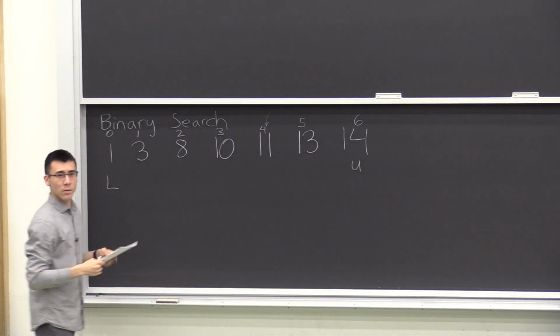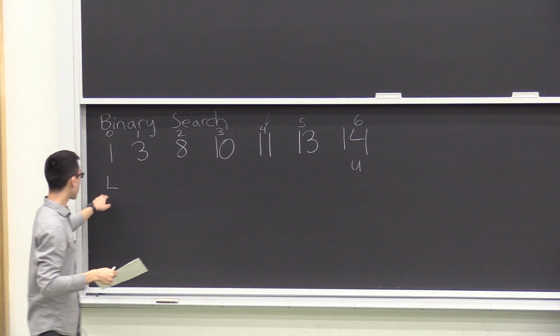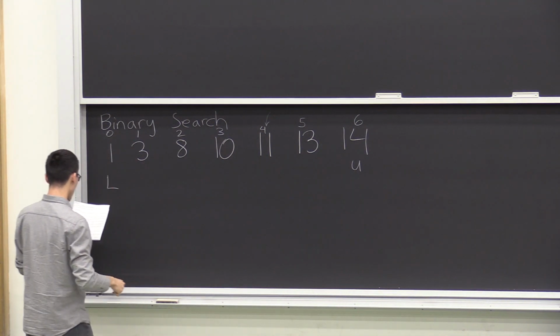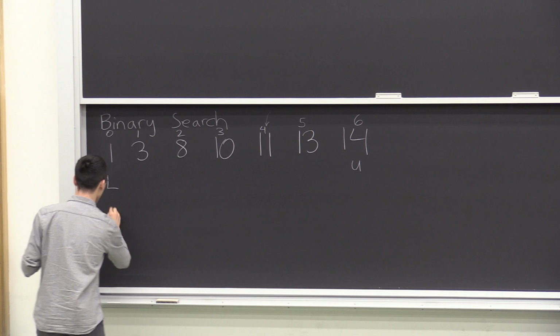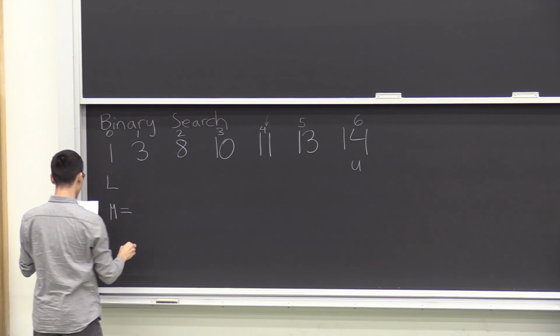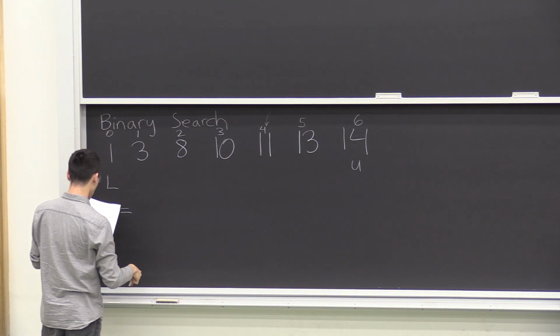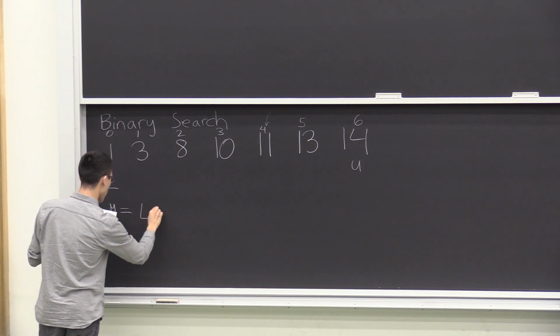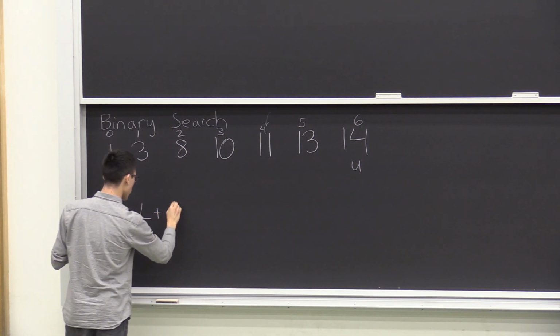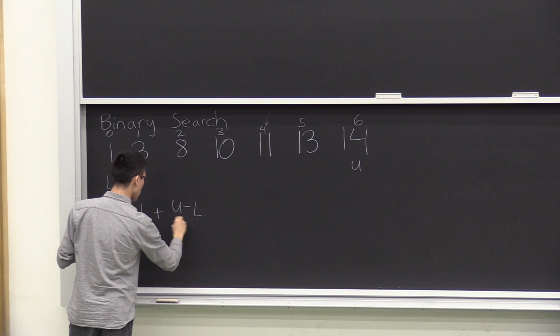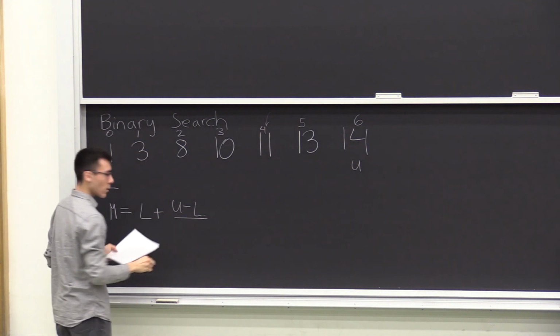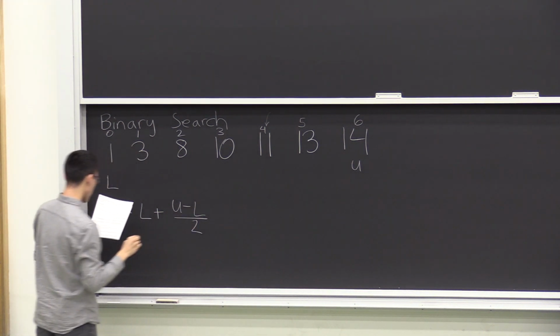And then we would compute the median of these two indices by setting m equal to L plus (u minus L) over 2.